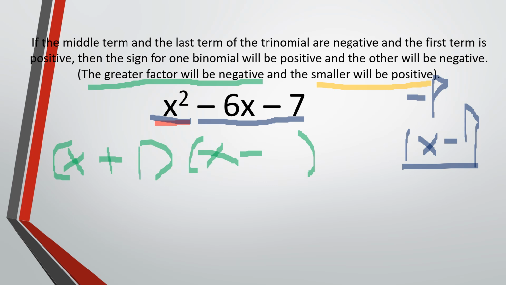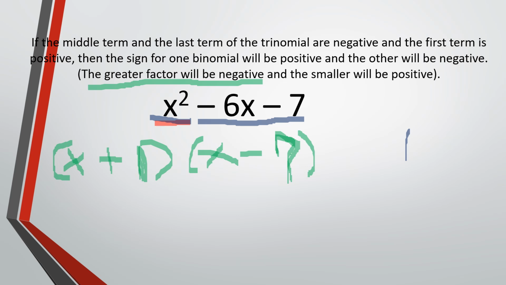1 and 7. Again, the smaller number will be positive. The bigger number will be negative. Alright, to check whether it's correct, let's do the checking. If you have x multiplied by x, the answer is x squared.